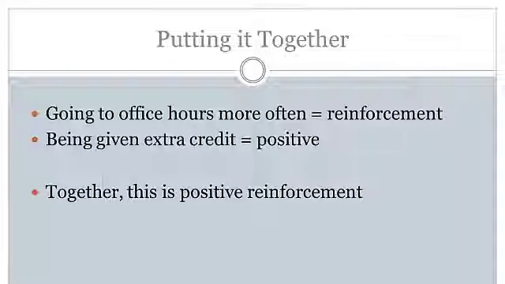So therefore, it's a reinforcement. Now remember, I'm giving you extra credit for this. So I'm giving you something, and that means that it's positive. So if I'm giving you extra credit, positive, for coming to office hours, and you're going to increase the amount of times that you come to office hours, then it's a reinforcement. So a positive reinforcement.